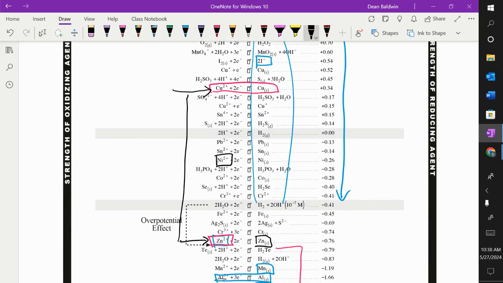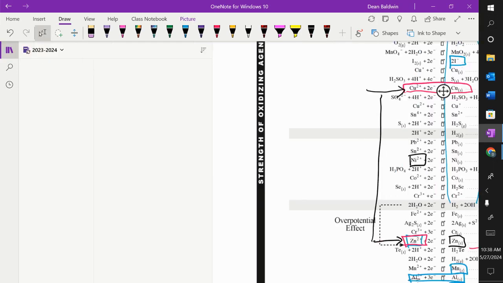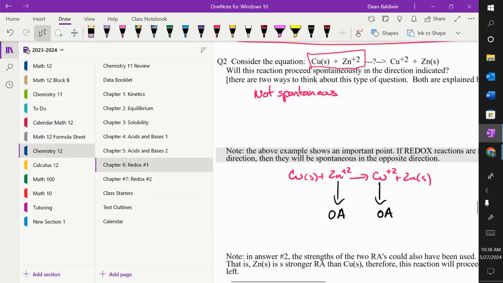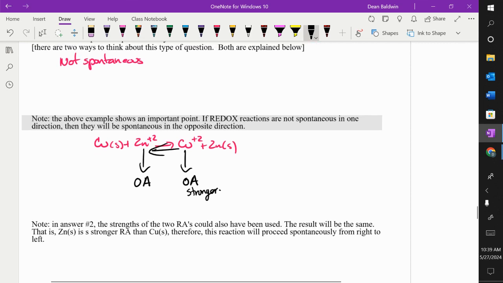Well, copper 2 is stronger than zinc 2. So that means this is the stronger oxidizing agent. So it pushes the reaction that way. The reverse reaction will be spontaneous. Okay, so it's a battle between the two oxidizing agents. That's another way to think about this.